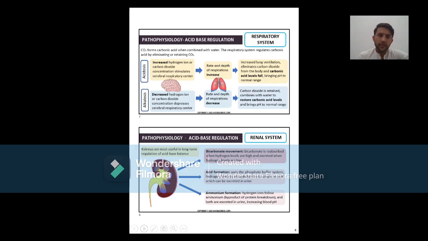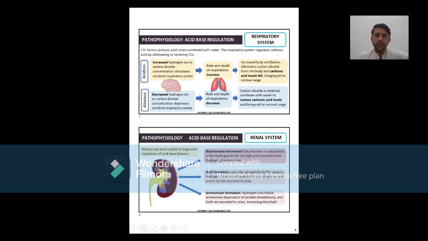In acidosis, increased hydrogen ion or carbon dioxide concentration stimulates the respiratory center. We have a respiratory center, the medulla oblongata. It regulates the rate and depth of respiration, which increases. It increases lung ventilation, eliminating carbon dioxide from the body, and the carbonic acid level falls, bringing pH back to the normal range.